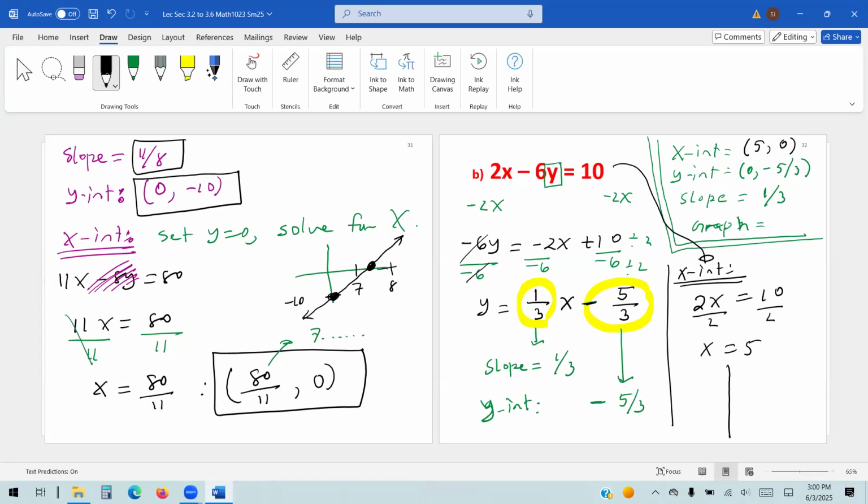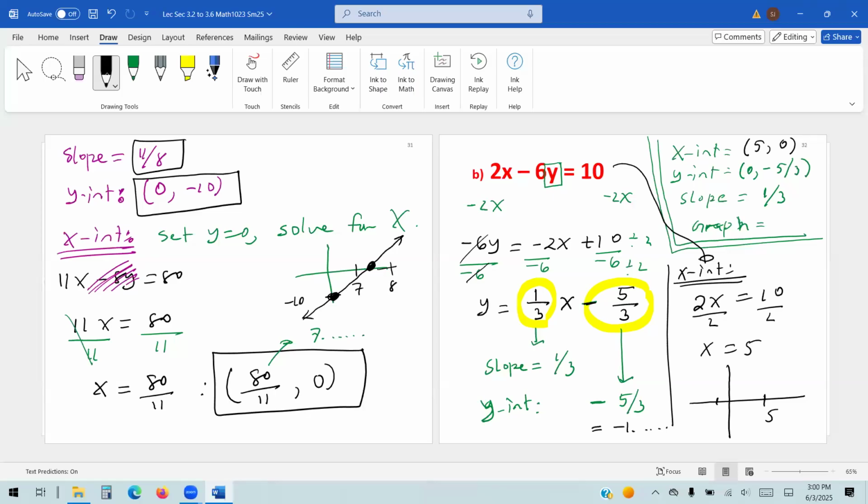Now to graph, x is 5 here, and y is negative 5/3. So how many times does 3 go into 5? At most, 1 time. So it's negative 1 point something.